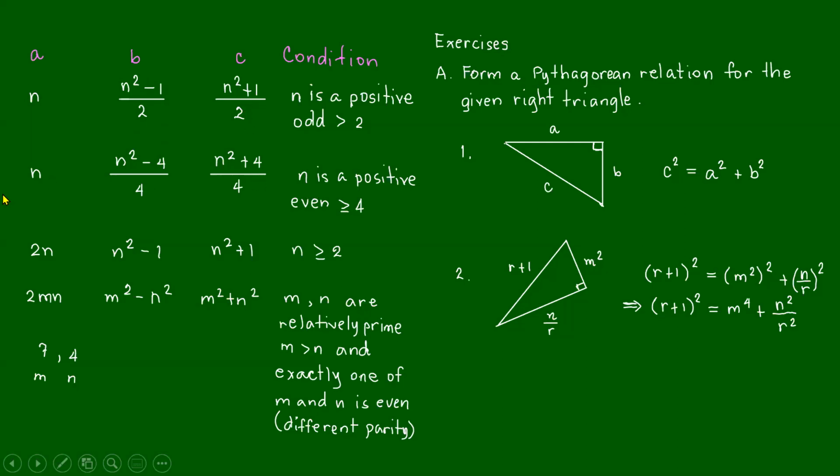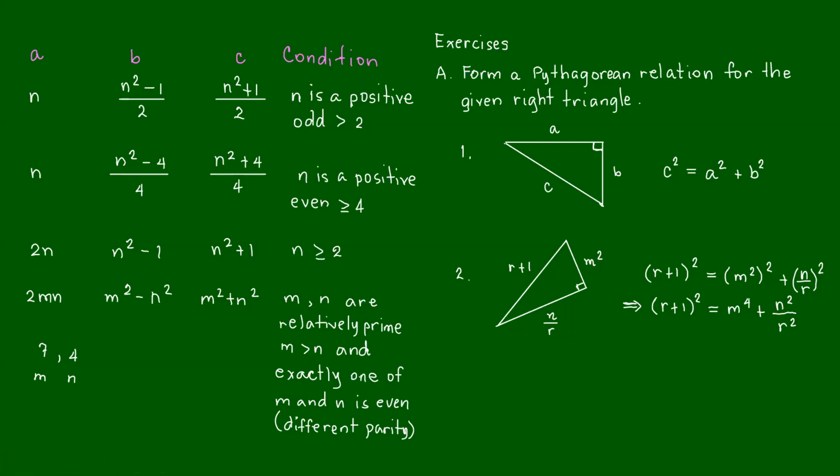25. Now, if you use the second set of formulas, the second row, another formula to find a triple, this time the condition is that n is even, greater than or equal to 4. Okay? So if n is, let's say, 4, what is the other leg?